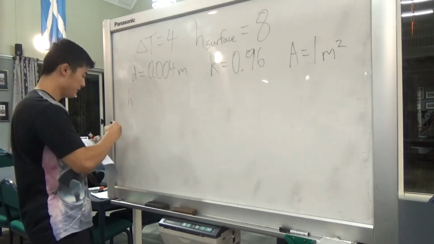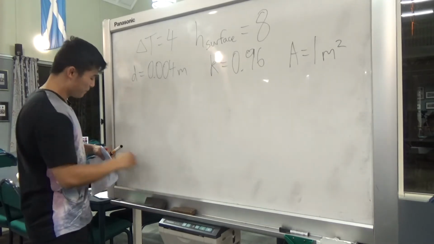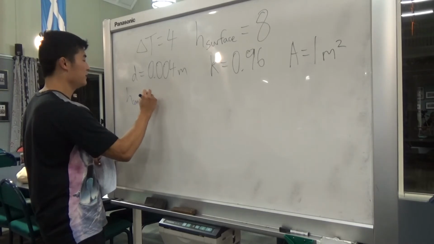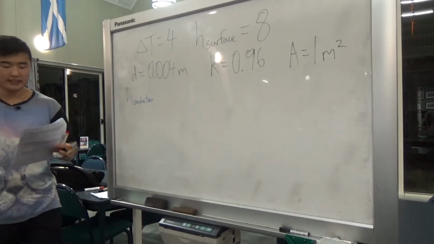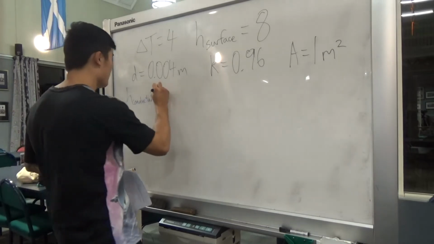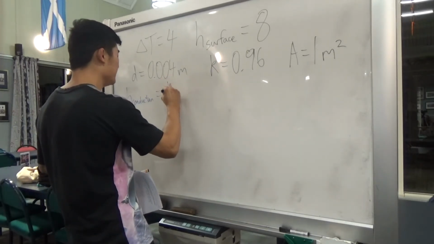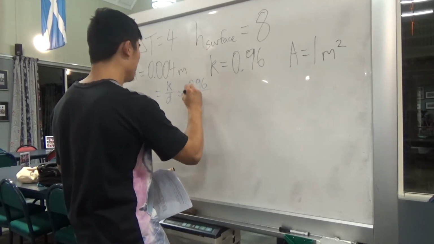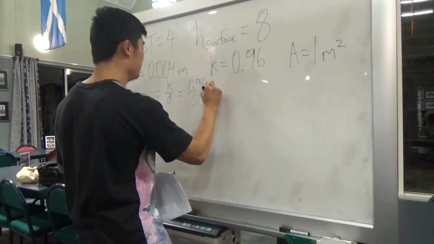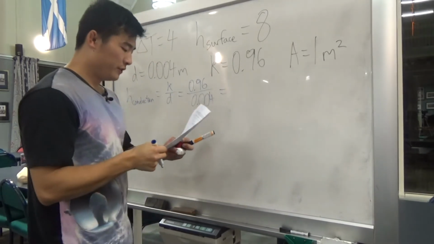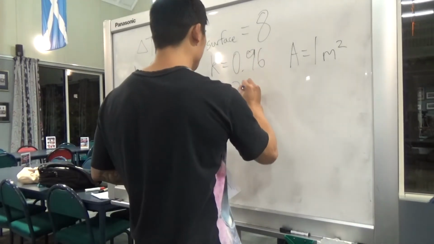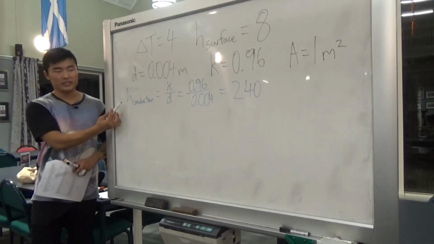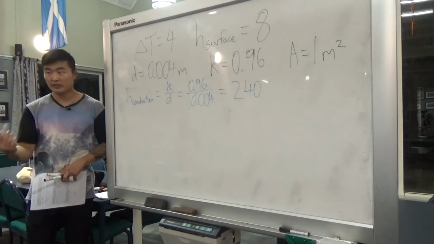So the H of conduction, so this is through the greenhouse glass, is equal to K over D. So that's 0.96 divided by 0.004. And that will give you 240. So that's the heat transfer coefficient for conduction through the glass.